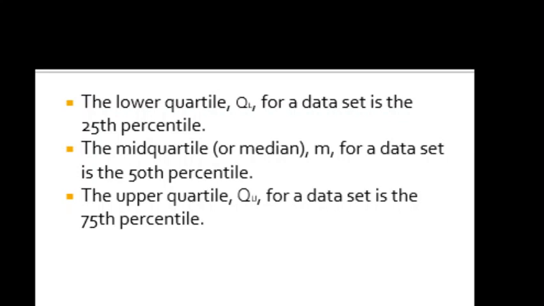It is also called the lower quartile. The notation is QL. Then the 50th percentile is also the median or the mid quartile, denoted by the letter M. The 75th percentile is the upper quartile, or QU, for the data set.